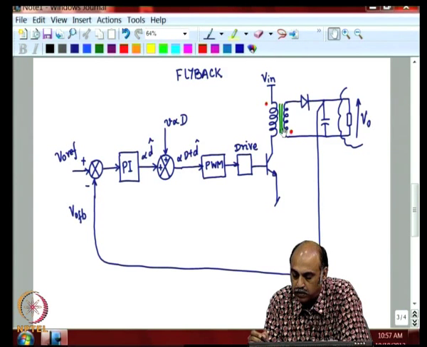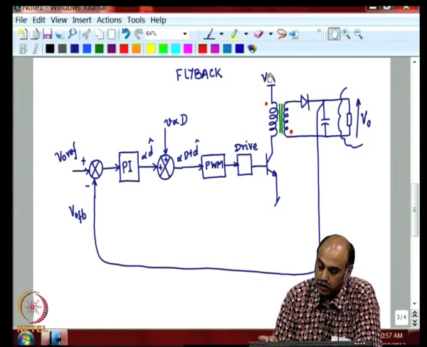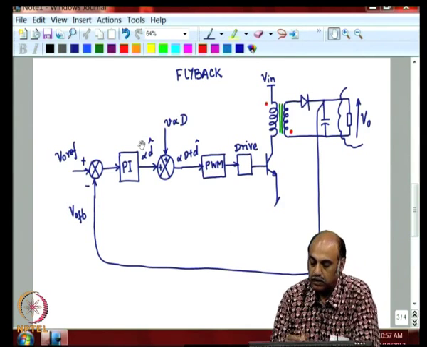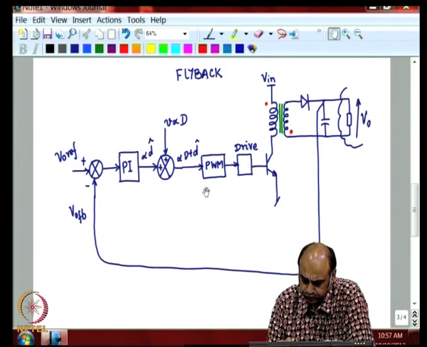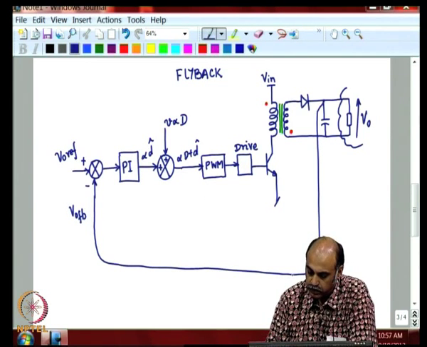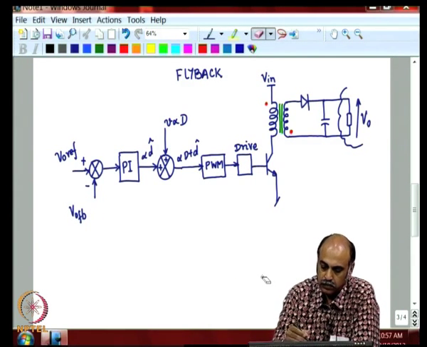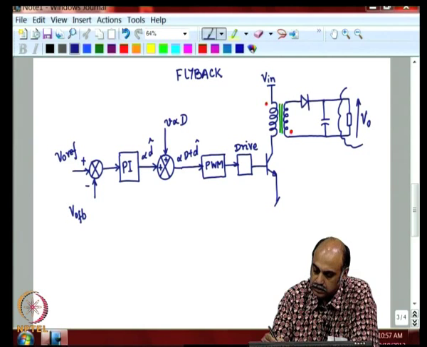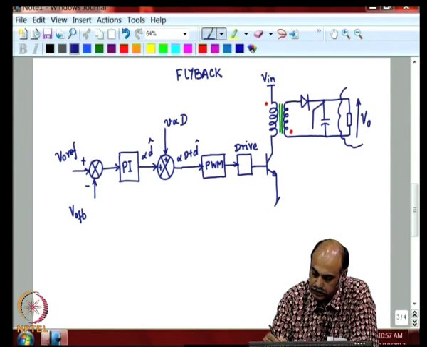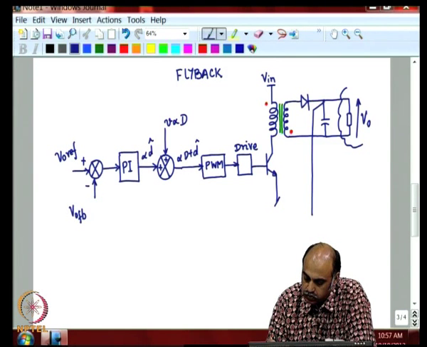to be addressed, because most of the time we would like to have an isolation of the load with the input side power and also with the control side power. Therefore, we need to interpose in between here something which does maintain that isolation and also sends across the information.